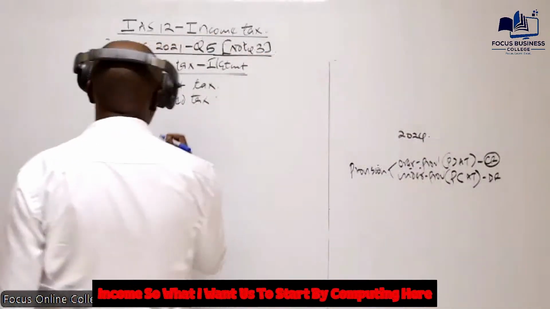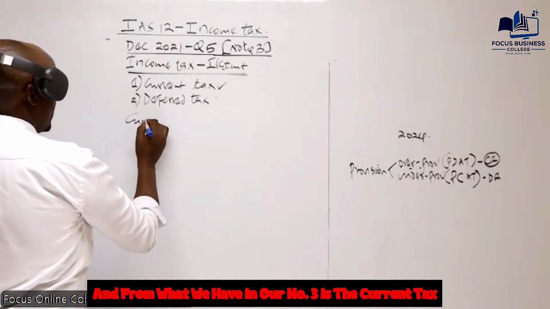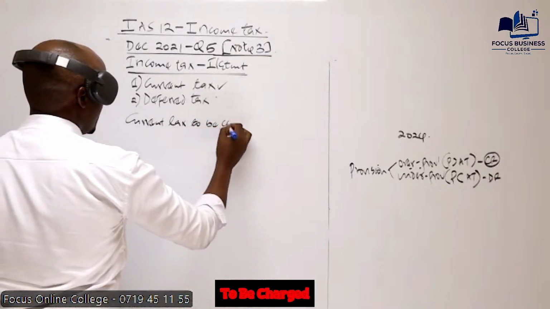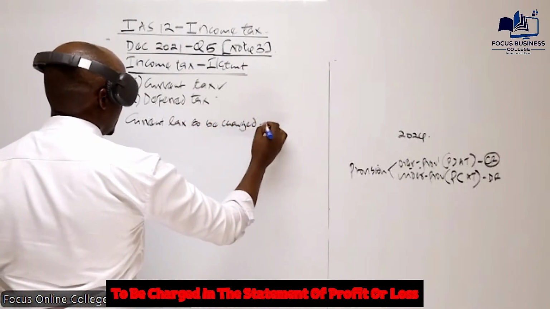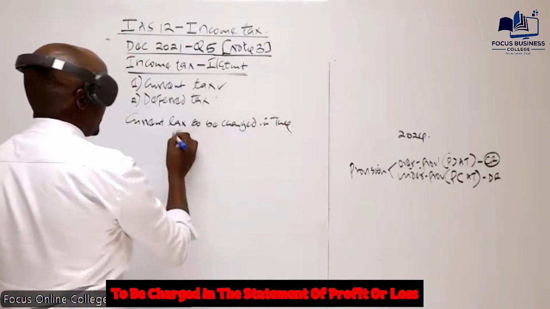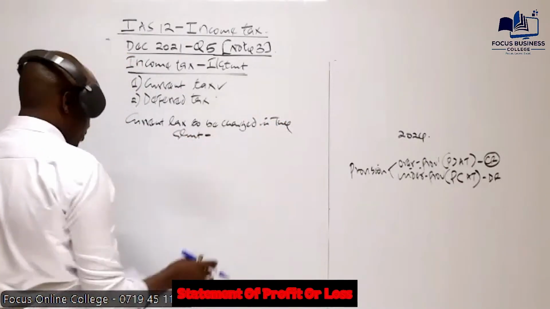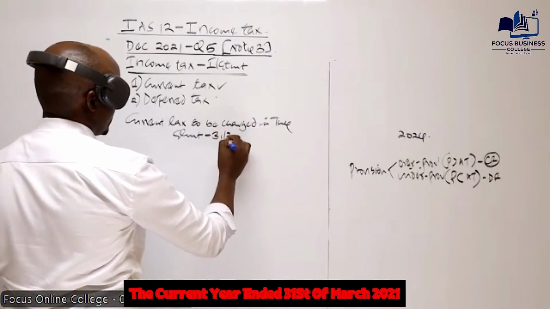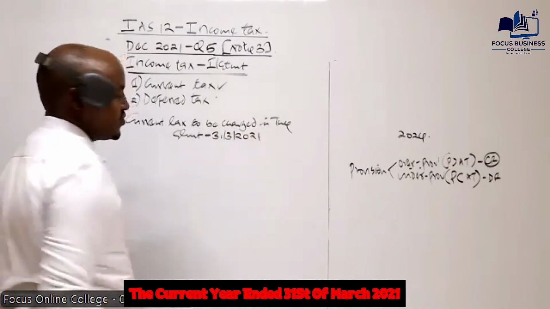So what I want us to start by computing here, from what we have in note number 3, is the current tax to be charged in the statement of profit or loss for the current year. If you go to the requirement, the current year ended 31st of March 2021.